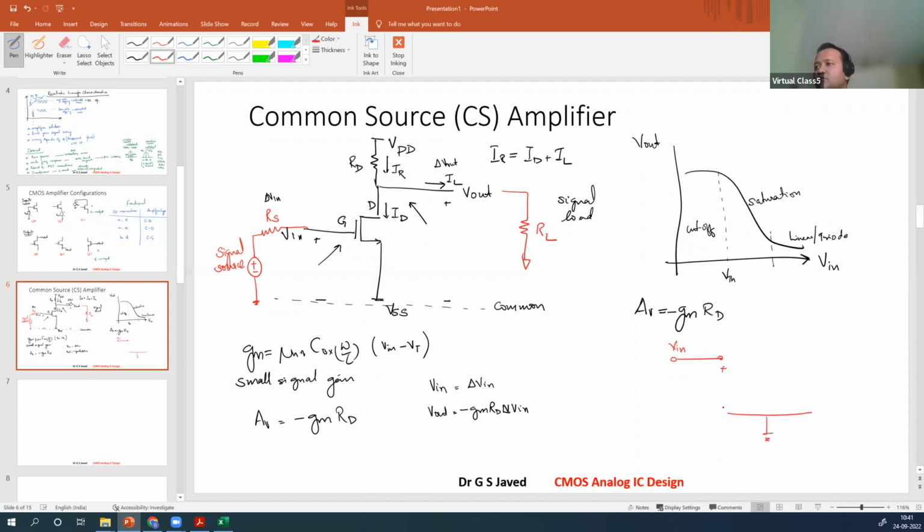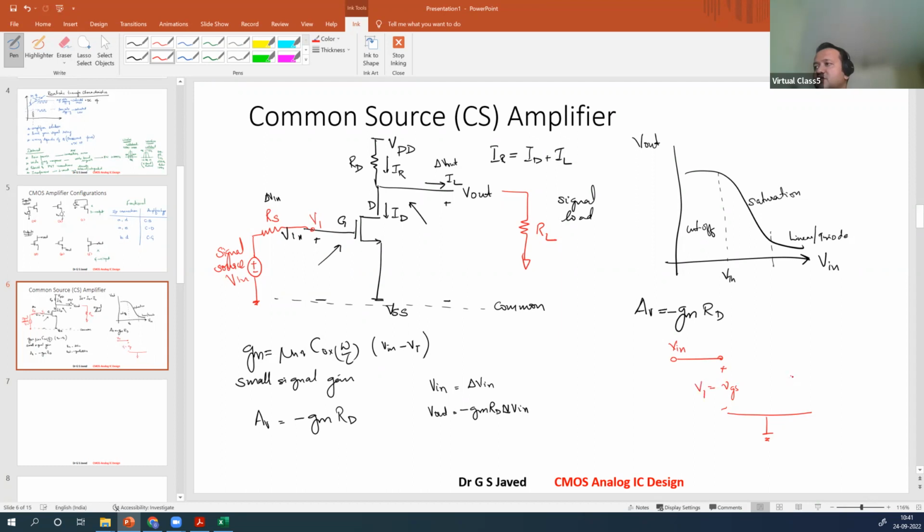So this will be your plus, minus, and VGS. What is this VGS here? This would be this V1 terminal. So this is V in, this terminal is V1, so this is equal to V1.